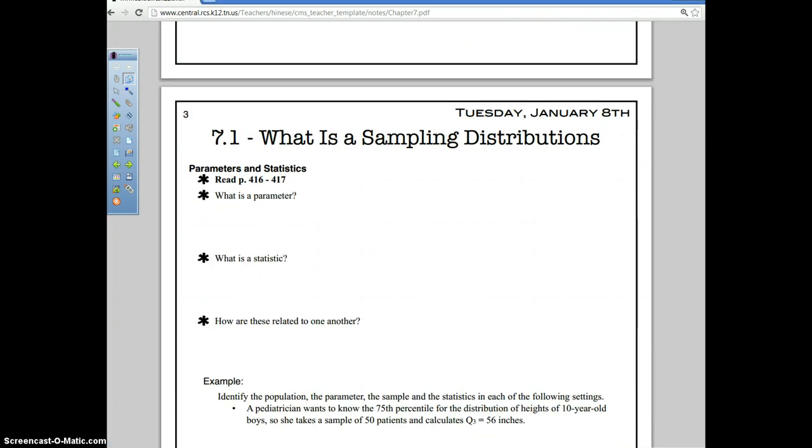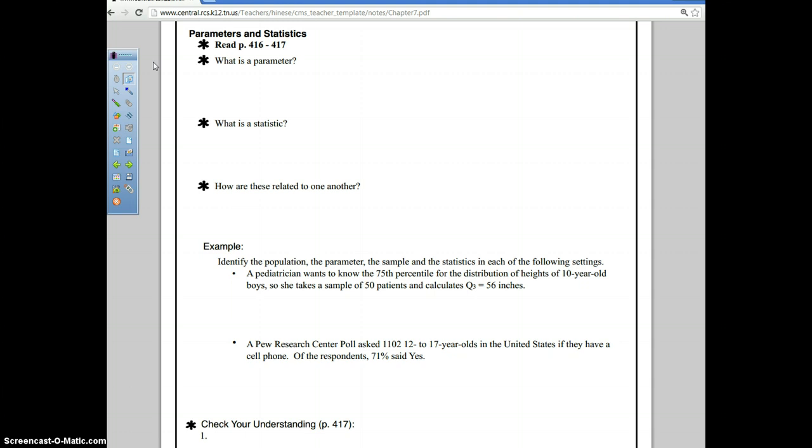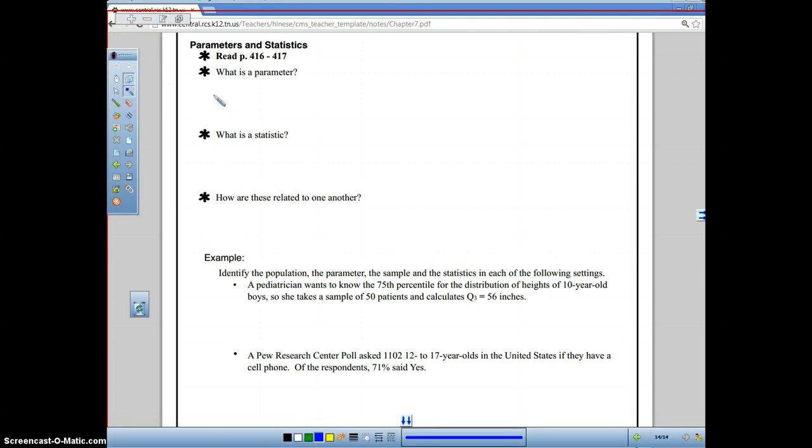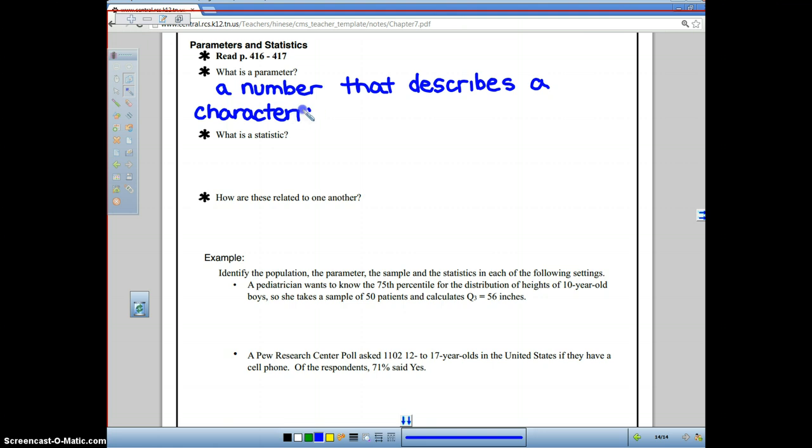The first piece of vocabulary that we need is a parameter. A parameter is a number that describes a characteristic about a population or of a population.